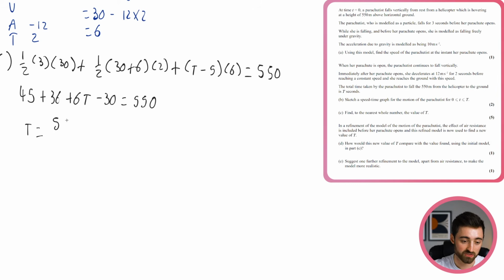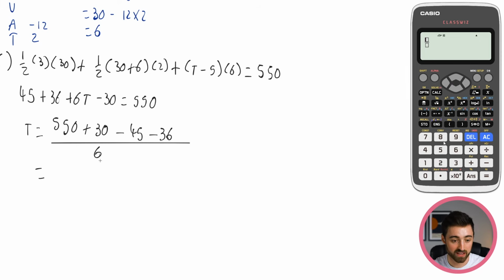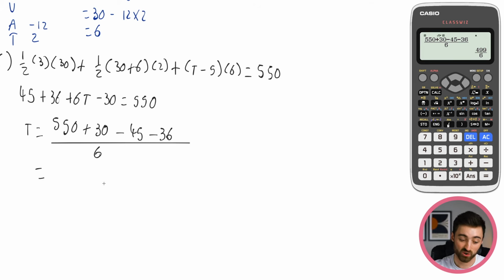So I'm going to be left with 550, add the 30, minus the 45, minus the 36, and then I'm going to need to divide by this 6. Straight to the calculator, and you should get the following. 550 plus 30 minus 45 minus 36, all over 6, gives me 499 over 6, or about 83.16. So I suppose, since it says nearest whole number, it's going to be 83, isn't it?